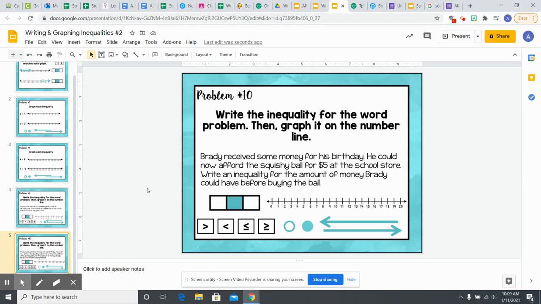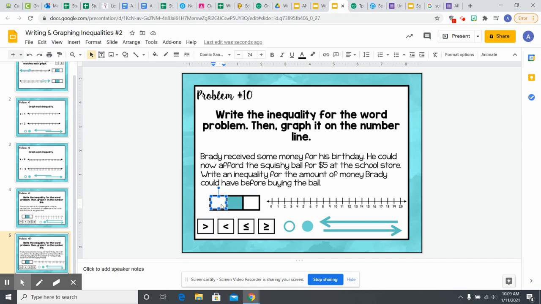That means he had less than $5 before buying it. He couldn't buy the squishy ball for $5 until he got money for his birthday.